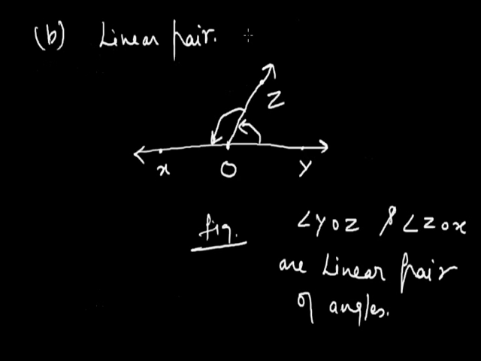There is one point to be noted here: the sum of a linear pair of angles is 180 degrees. What I said is, the sum of a linear pair of angles is 180 degrees.